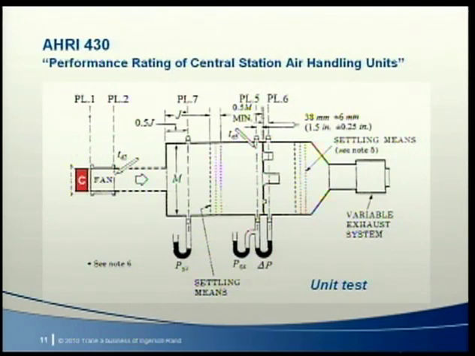And for blow-through configuration, it's common to mount a blank section and a coil downstream of the fan to account for any losses in fan performance due to turbulence at the outlet. This way, system designers don't need to compensate for internal system effect losses when selecting air handler fans. Of course, designers do need to compensate for external system effect due to duct connections to the unit. We'll talk more about that in a few minutes.